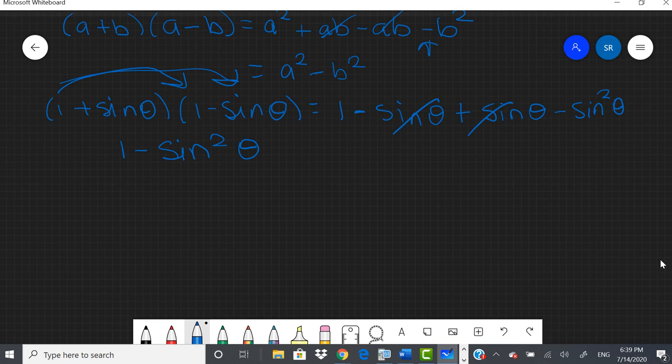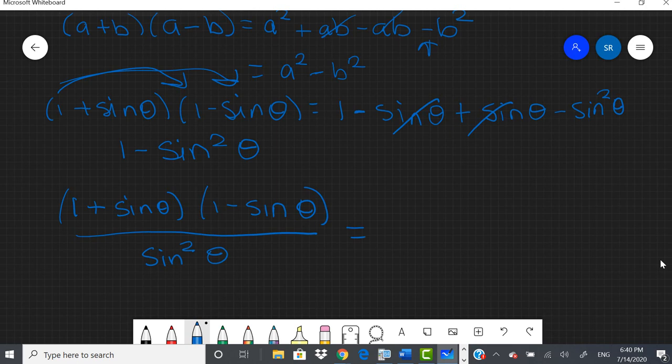We started off with 1 plus sine theta times 1 minus sine theta. Be careful again, this only works when you have the same thing with one side a plus and the other side a minus. It doesn't work with plus plus, you'll end up with a double in the middle. This is the only way you can drop out that middle term. And then we had sine squared theta on the bottom.